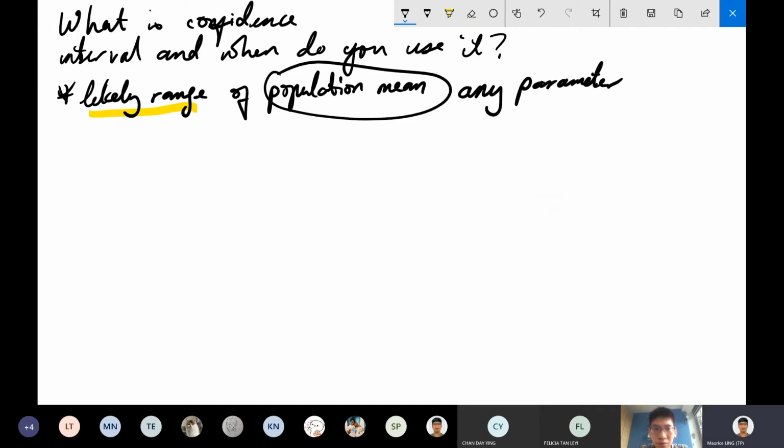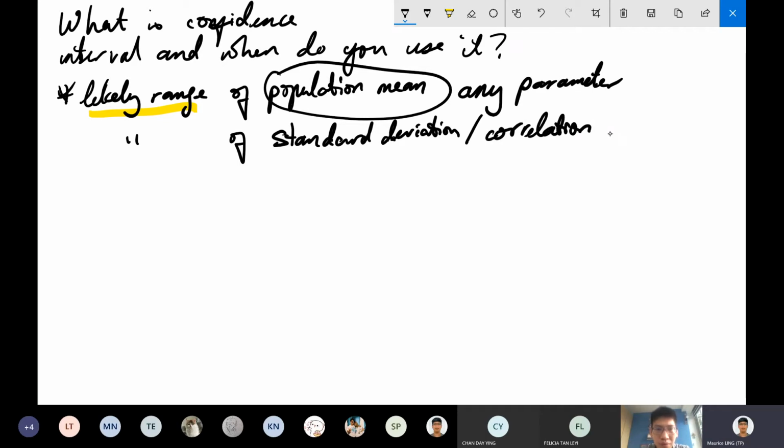For example, it can be the likely range of the standard deviation, or when you talk about correlation, it can be a likely range of the correlation coefficient. So it can be a likely range of anything, basically.